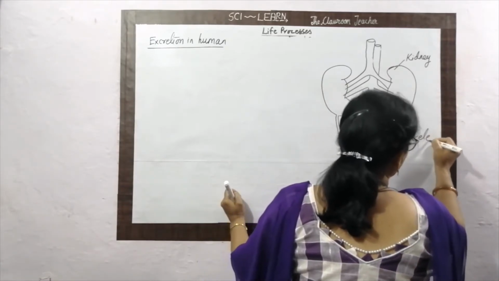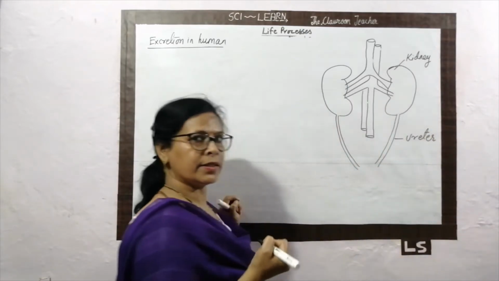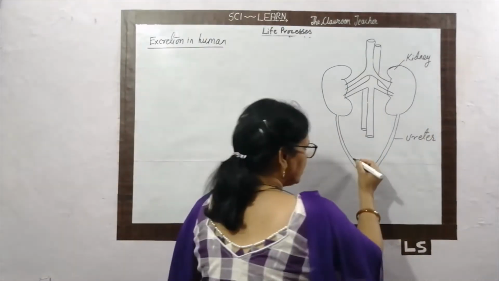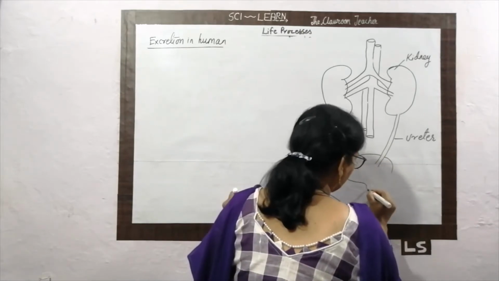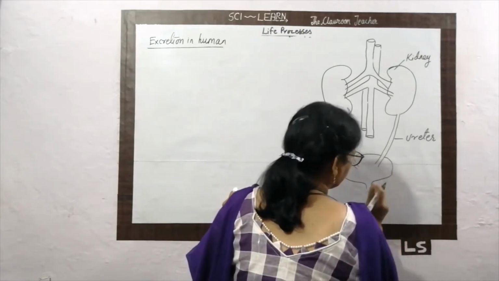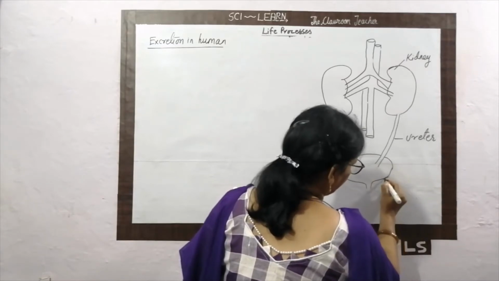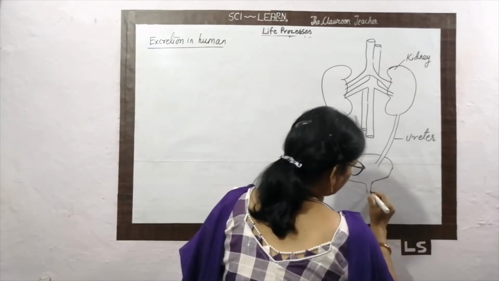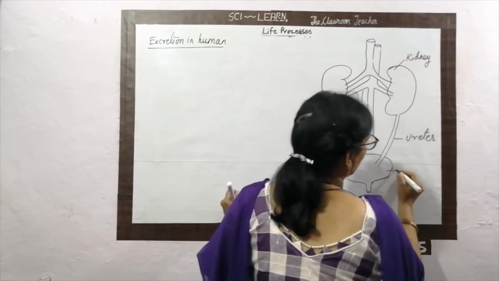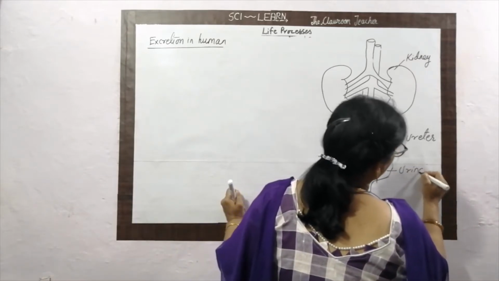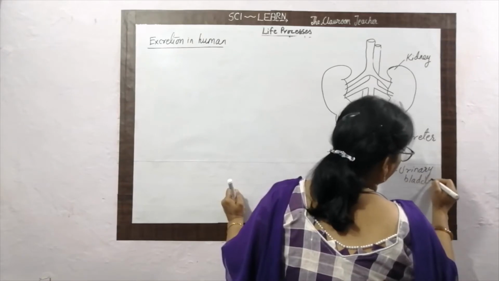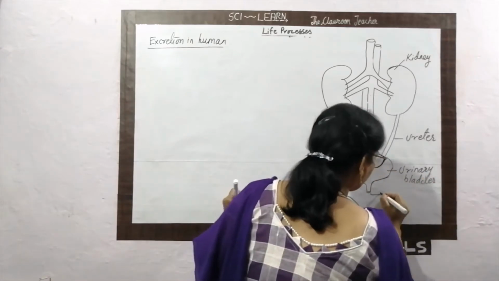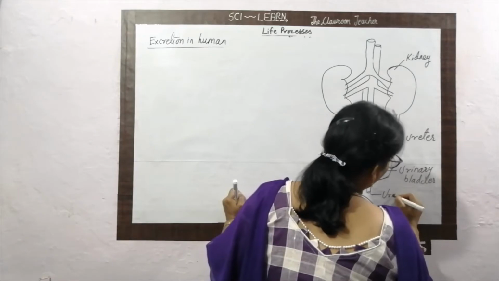Two kidneys are there, so two ureters are also there. This ureter opens into a bag-like structure, which is called the urinary bladder. And the opening of the urinary bladder is called the urethra.